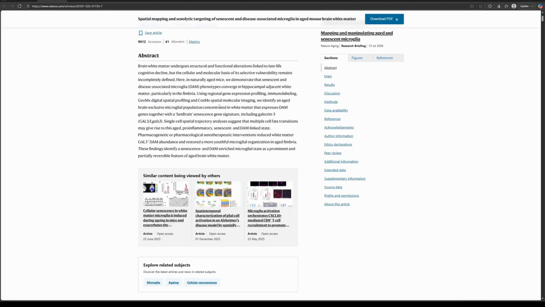So what they found in this study, and I'm going to read it all out, right? The whole point of this video is I'm going to read it. But the main thing about this study is they found that these microglia will eventually begin, as they undergo senescence in the white brain matter next to the hippocampus, to express different disease-related genes, but they will also go and cause other cells to trigger their own senescence.